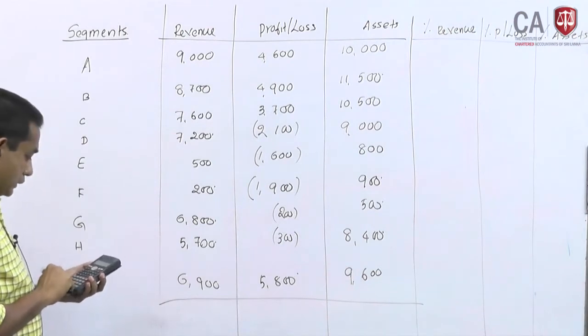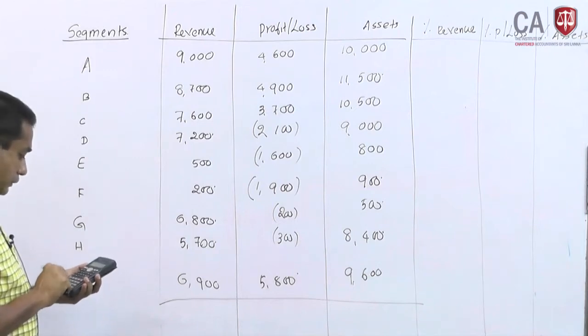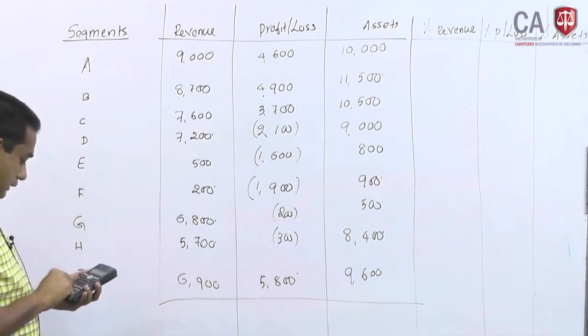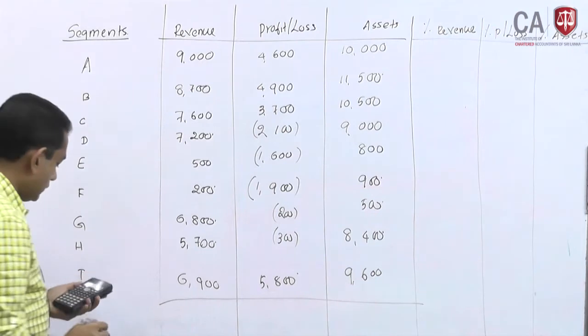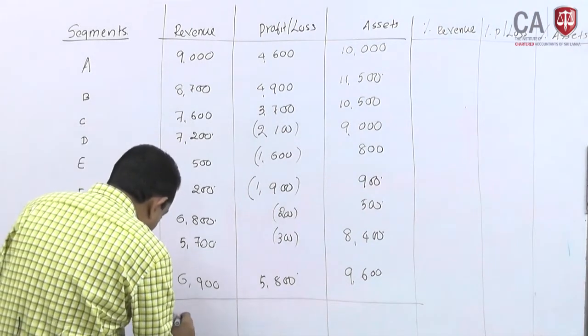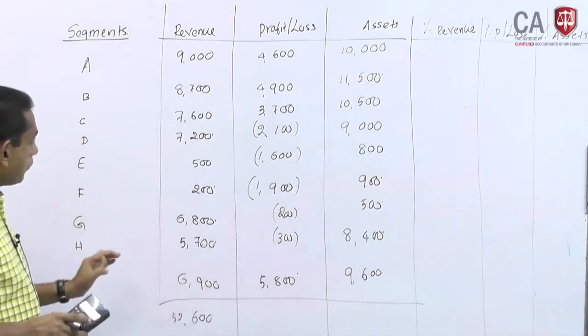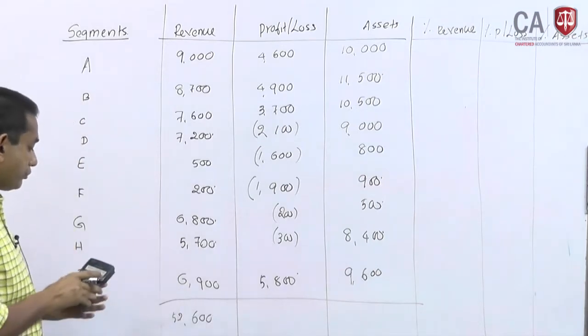9,000 plus 8,700 plus 7,600 plus 7,200 plus 500 plus 200 plus 6,800, 5,700 plus 6,900. 52,600 should be the total revenue of all the segments. The combined revenue of all the segments should be 52,600.